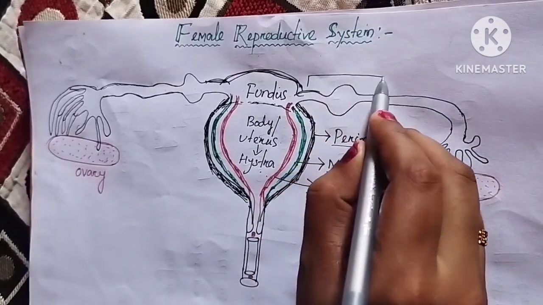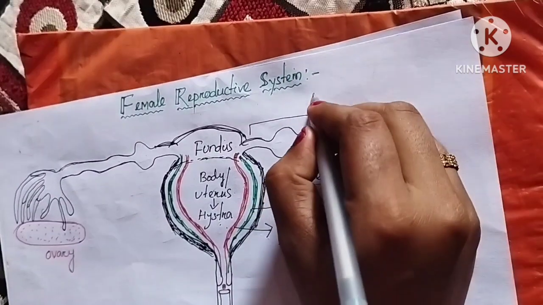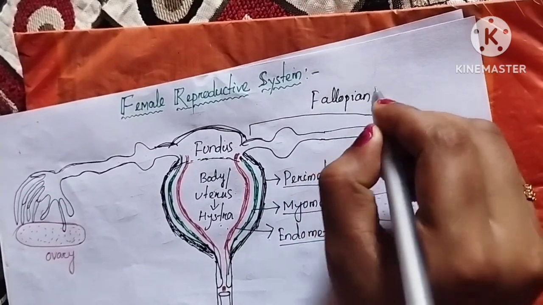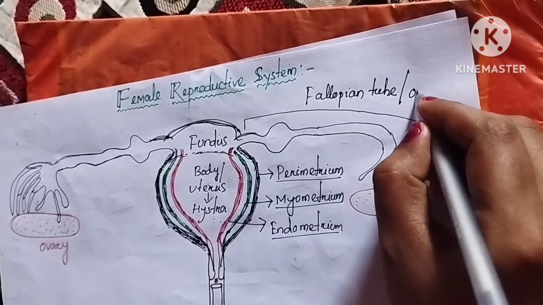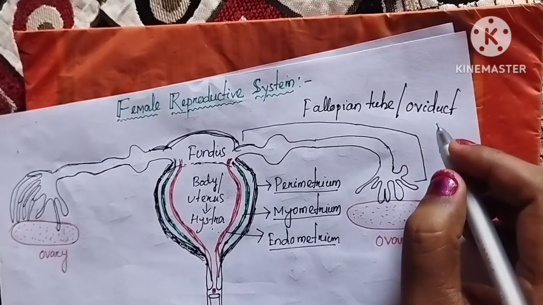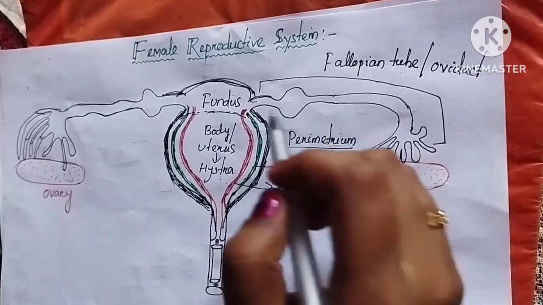This part is called the fallopian tube, or oviduct. It consists of four parts.